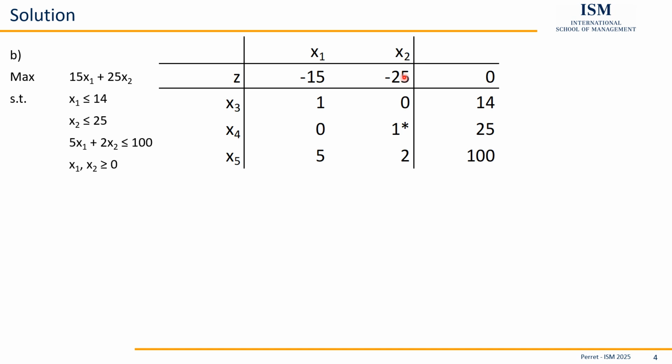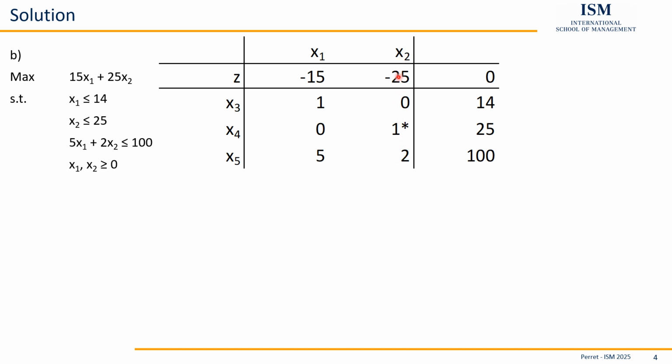This means we're going to take a look at those columns where we have a negative value in the objective function row. In this case, both of them are negative. Then I'm going to select the column where the value is, absolutely speaking, the largest. Well, 25 is larger than 15, so this becomes my pivot column.